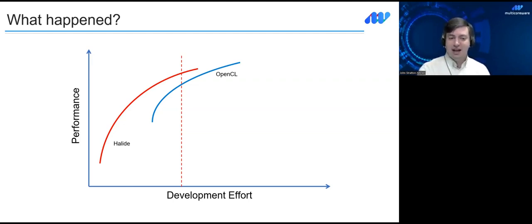In OpenCL, each configuration that you test takes a significantly larger amount of development effort to test and try. And so you hit diminishing returns earlier and you say, sure, I could try more configurations, but it's going to be a lot more work for each new configuration. And the likelihood of me getting a performance improvement keeps getting smaller and smaller. So let's just call it there.